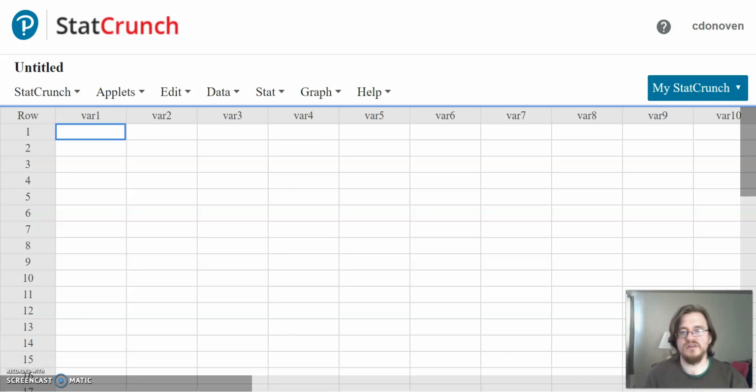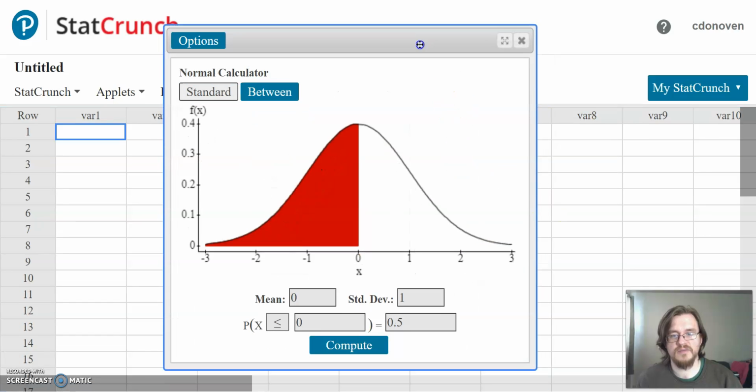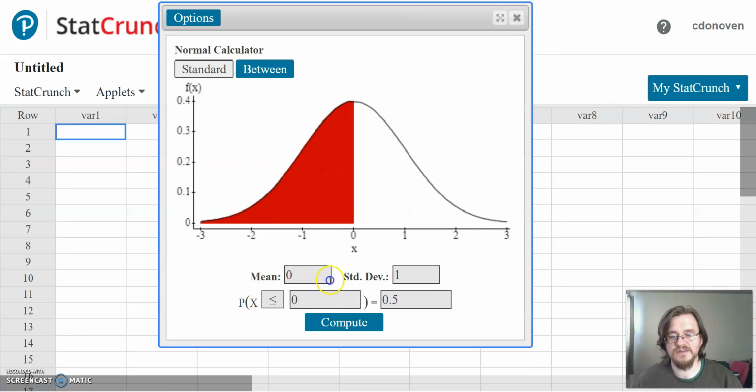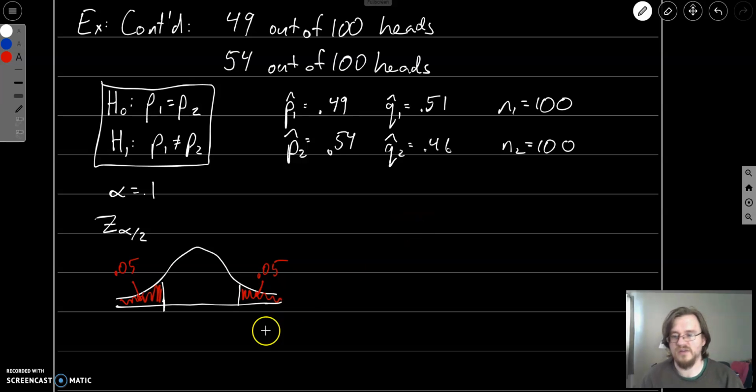If we come back to StatCrunch, we can go to our calculator and come down to our normal distribution calculator, and the area to the left should be equal to 0.05, which is negative 1.64, if I round that to 5. So I can write that down, 1.645. That's the negative value.